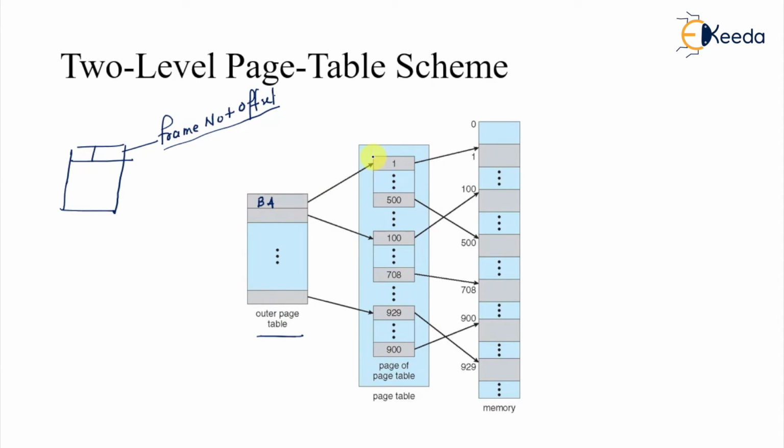If I go to this, again I will not get the frame directly, but again a base address, which is an address in memory somewhere, going to another page. Finally it goes to 100. I'll follow this address, I'll get 100, then I'll get to the next address.